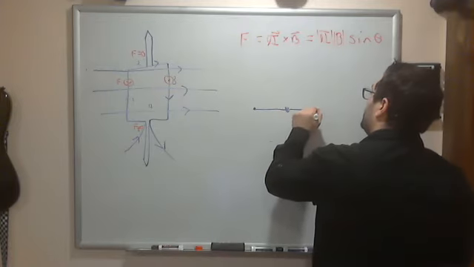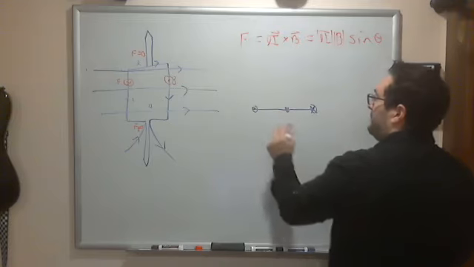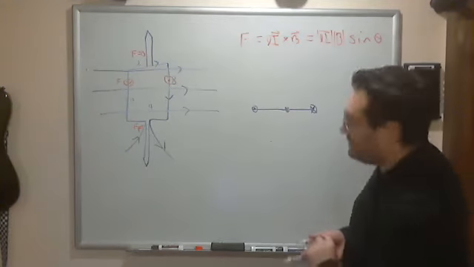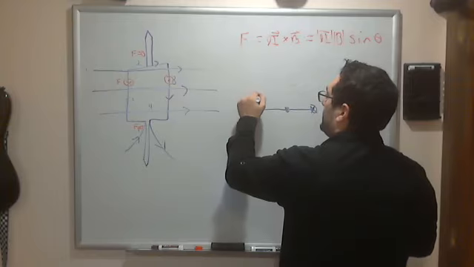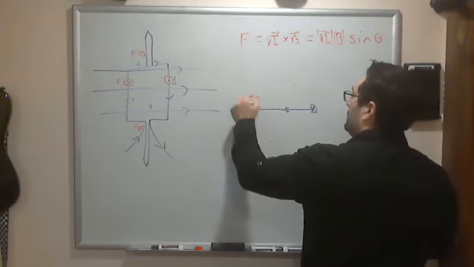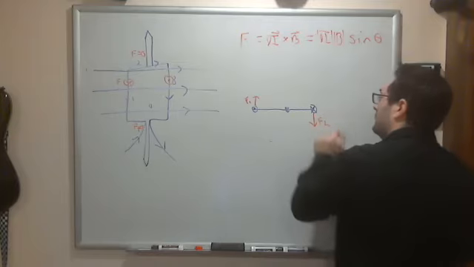That one's coming towards us. The current is going down over here. The current is coming up here. The forces will look like this, right? Force 1, force 2.